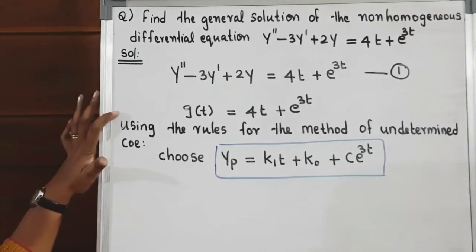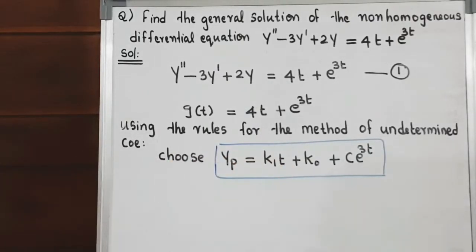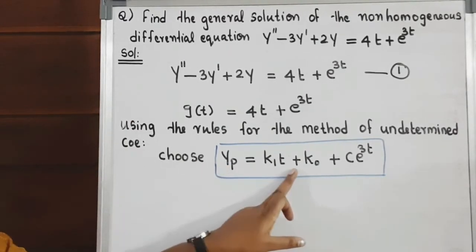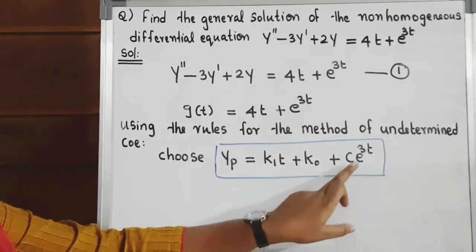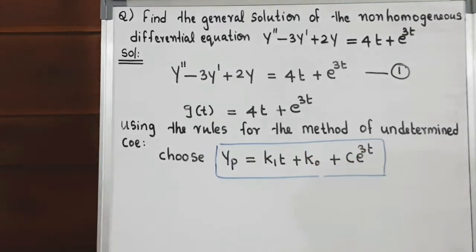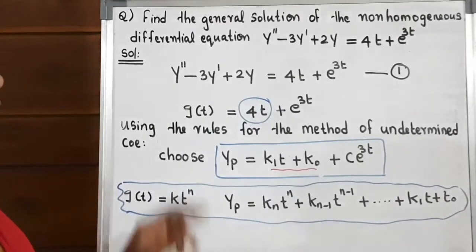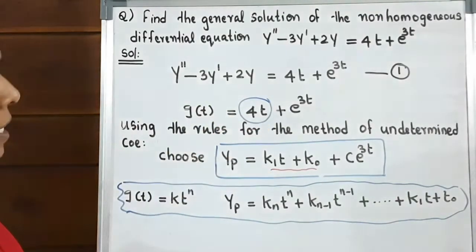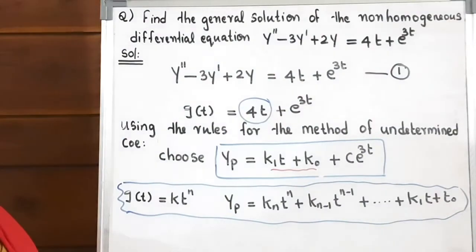Using the rules for the method of undetermined coefficients, we choose yp is equal to k1t plus k0 plus c e raised to 3t. Consider the function g of t. In this, consider 4t. It is of the form k into t raised to n.